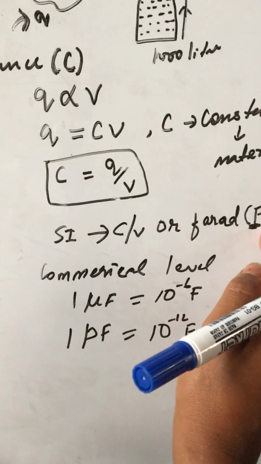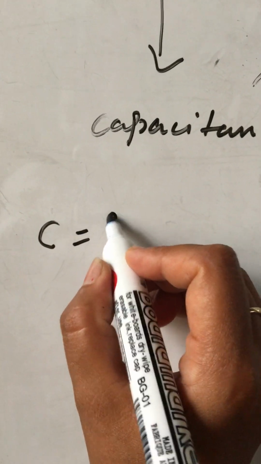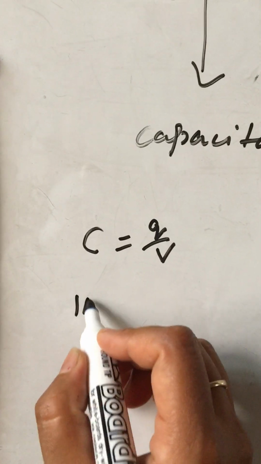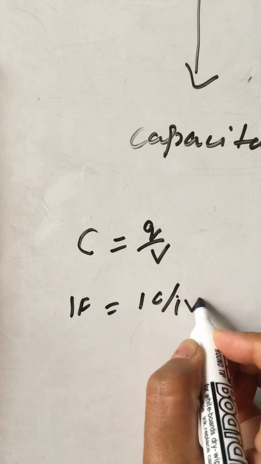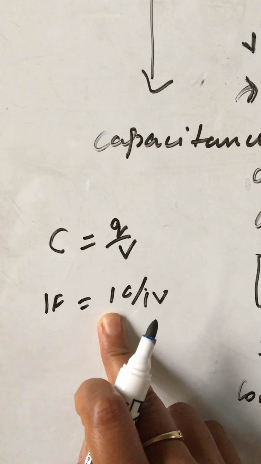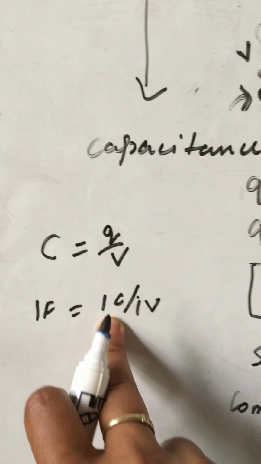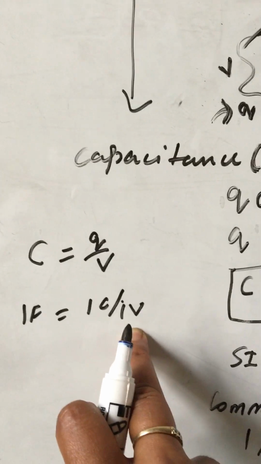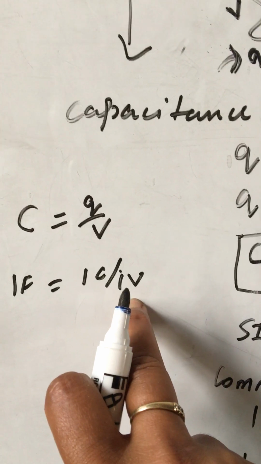Now can we define farad? C is equal to Q by V, and 1 farad is equal to 1 coulomb per volt. So if on depositing 1 coulomb, the potential has risen by 1 volt, then the capacitance is called 1 farad.